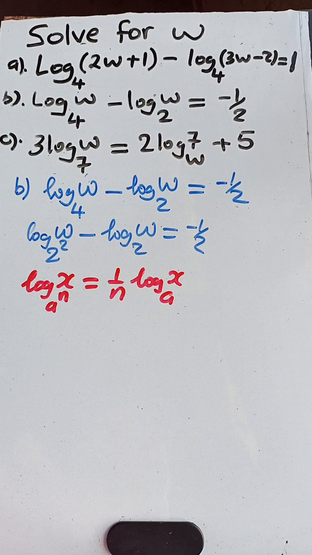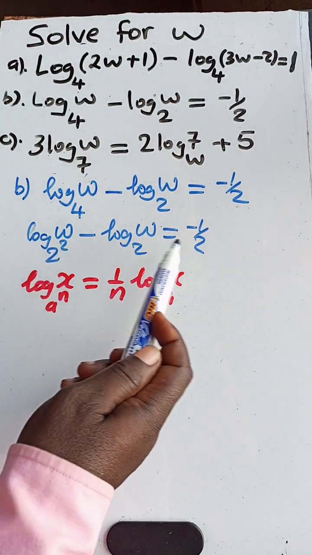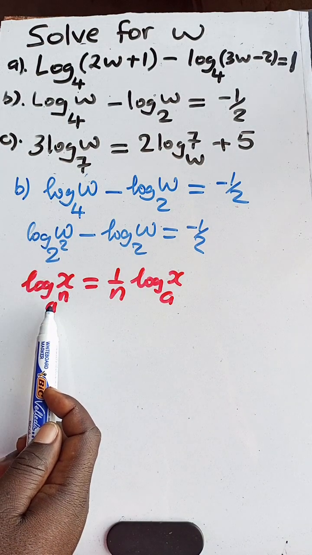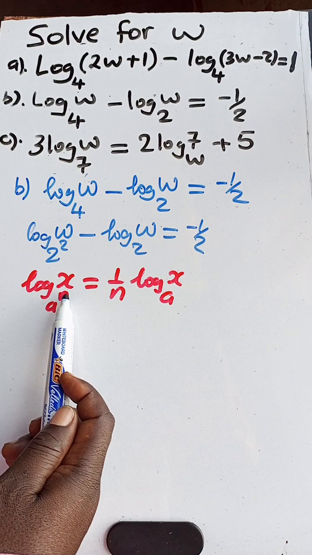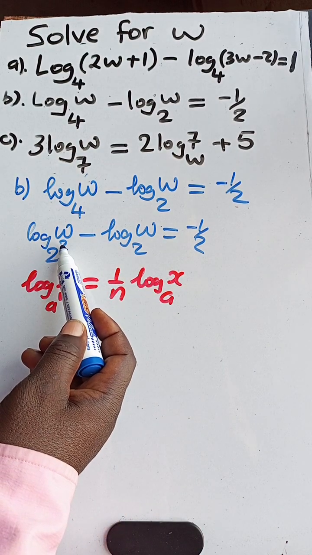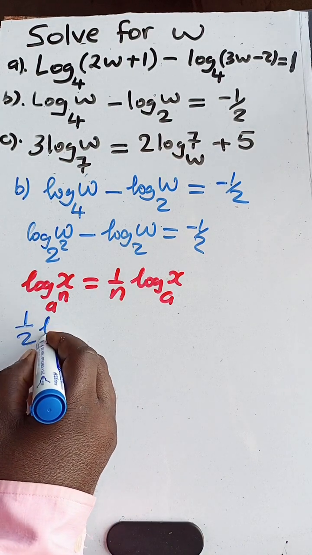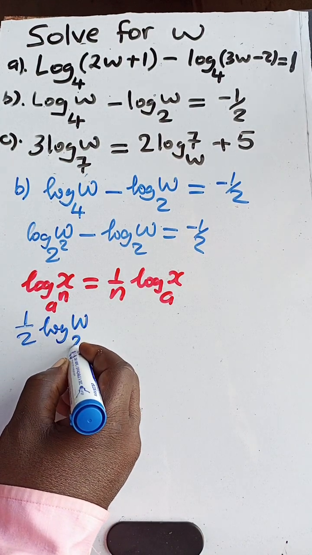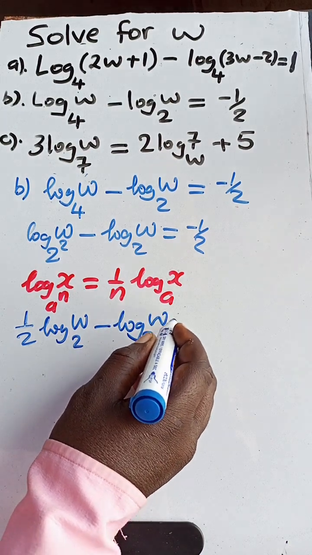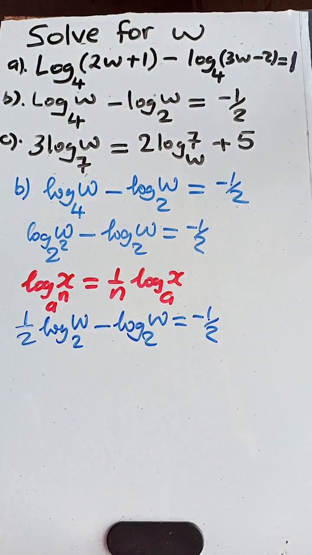So when we apply this to this member of the equation, we have 2 to the power n, a to the power n. What happens to the n? We get the reciprocal multiplied to the log. So we're going to get the reciprocal of 2, which is a half. So we're going to have a half log w to the base 2 minus log w to the base 2 is equal to negative half.